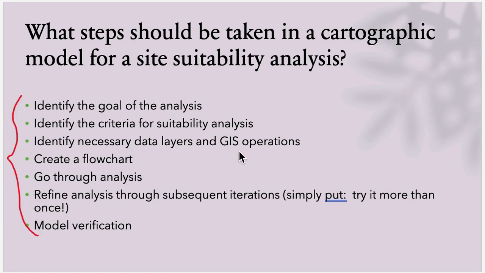You'll be identifying the necessary data layers and GIS operations, and our GIS operations are, for example, buffer, overlay, or reclassification. You're going to create a flowchart, go through the analysis, and try this analysis more than once. And lastly, model verification.